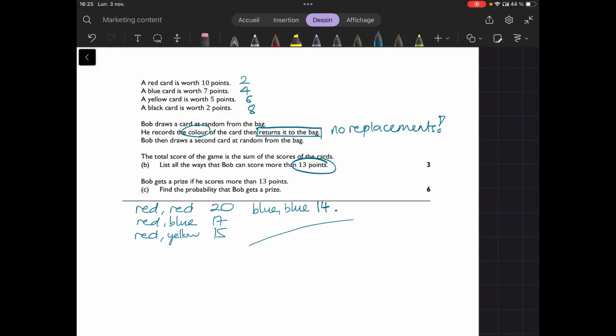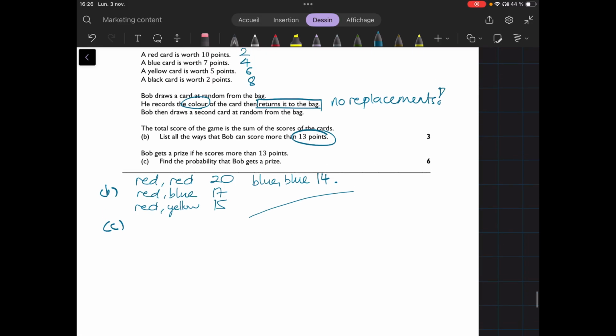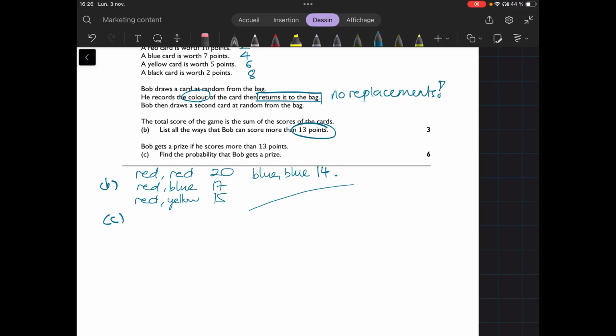And that is all the possibilities. Bob gets a prize if he scores more than 13 points. So now we have to find the 4 probabilities and add them up. So P red red, P red blue, P red yellow, and P blue blue.